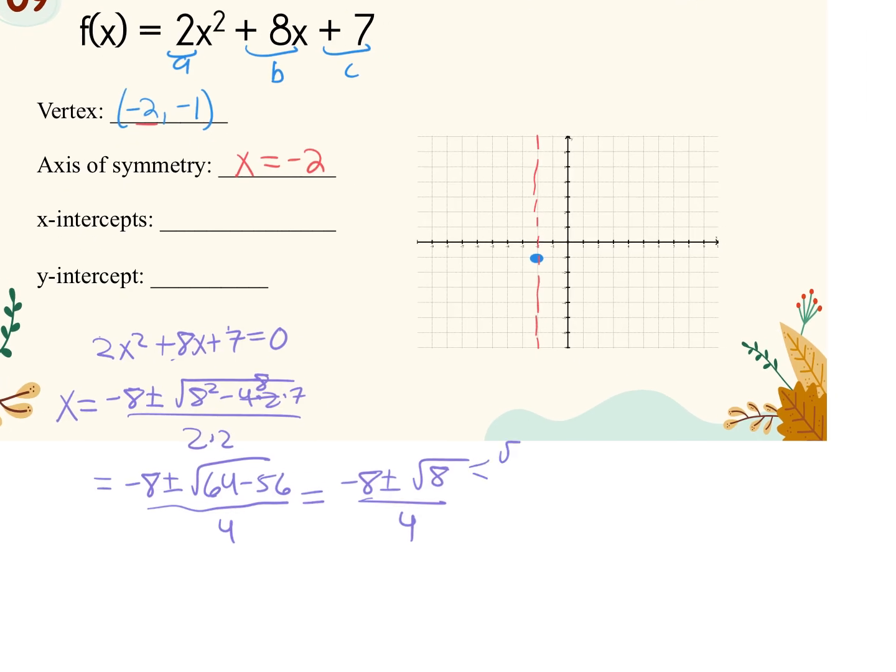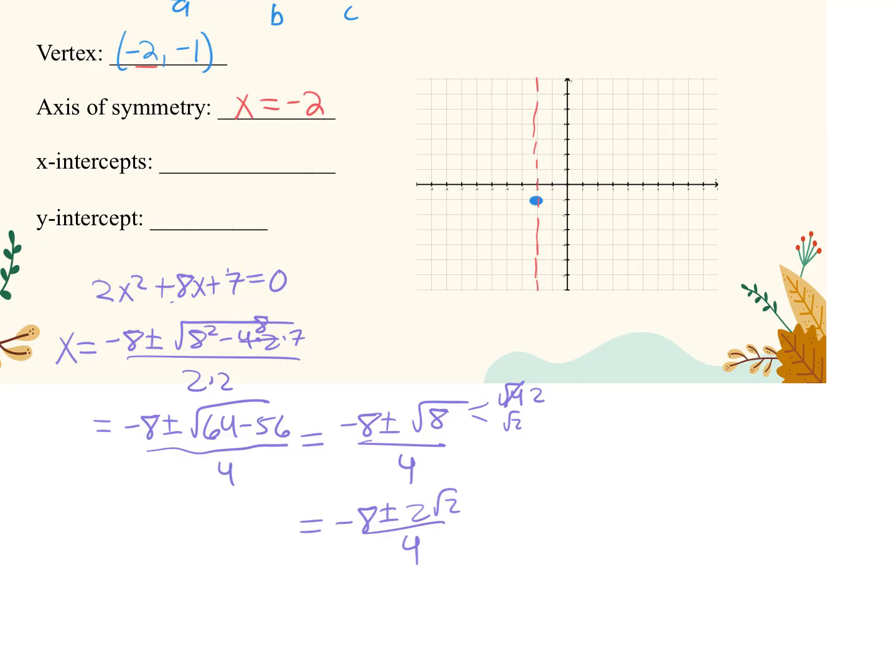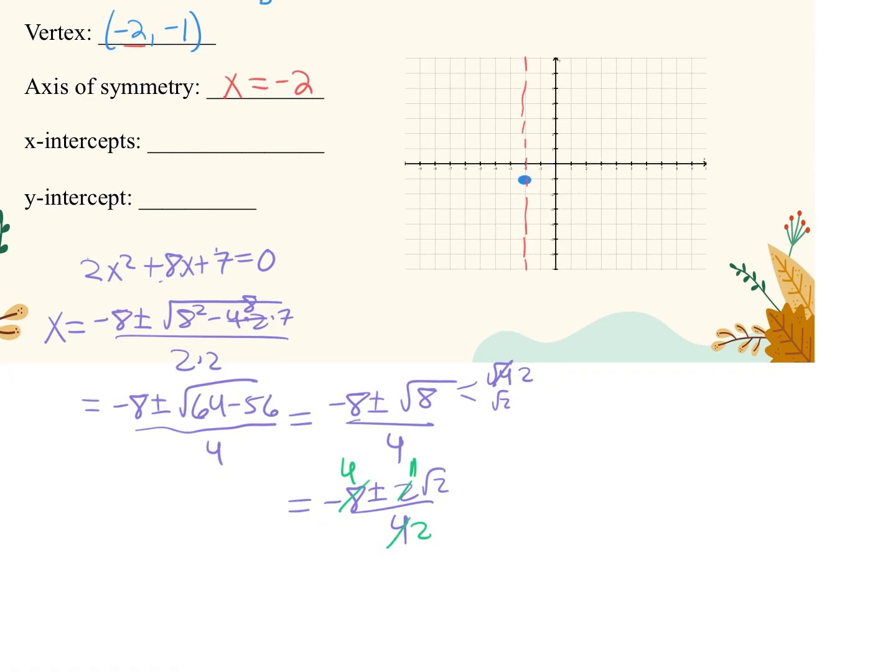So this is going to get us the square root of 4 times the square root of 2, and the square root of 4 is 2. So that means I get -8 plus or minus 2 square root of 2 over 4, and these do simplify, right? 8 and 4 is going to become a 4 and a 2, and that 2 is going to become a 1, right? So I need to cancel the same factor out from everything. So this is going to be -4 plus or minus the square root of 2 over 2.